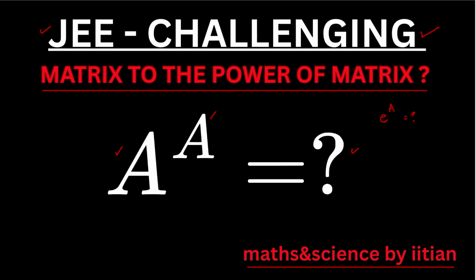And e to the power of A is already understood by us. Now, what is A to the power of A? A is a matrix. If A is a matrix, what should be A to the power of A? It's out of my intuition. I created one matrix and I wanted to know what is the value of A to the power of A. That's what I wanted to explain to you.